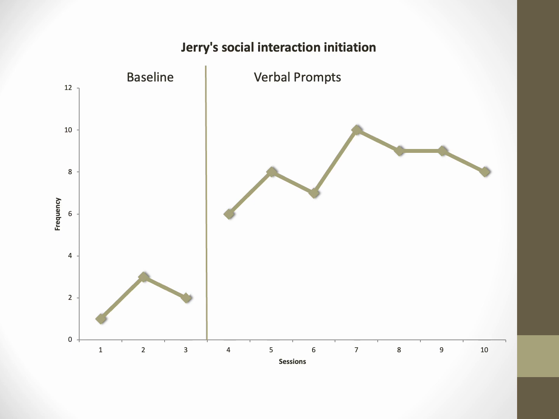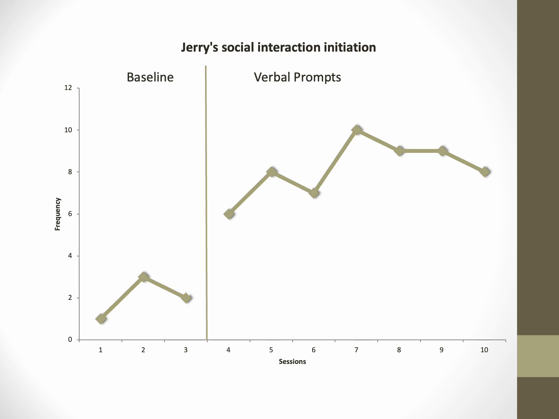And then you have to label the whole graph using your student name and target behavior. For example, the label of this graph is Jerry's social interaction initiation. So this person's target behavior can be the title of this graph.